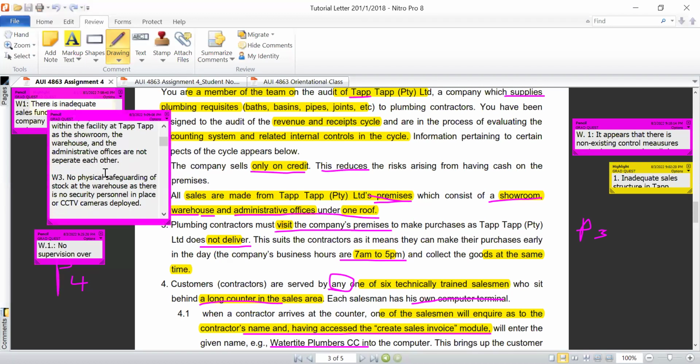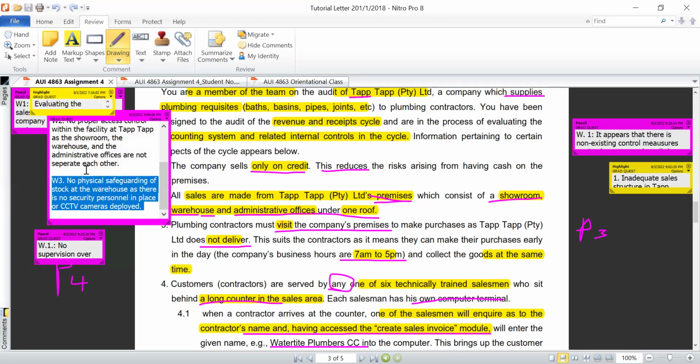Yes. Again, besides these weaknesses that I've just explained, there's no physical safeguarding of stock at the warehouse, as there is no security personnel in place or CCTV cameras deployed. There's no form of physical security measure that they've put in place to safeguard their stock.